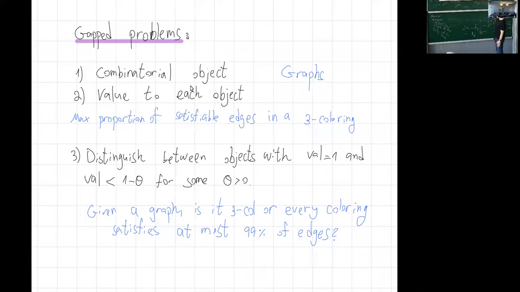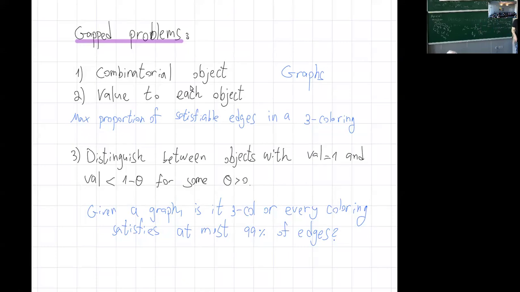For example, the value of a graph will be the maximal proportion of edges which is satisfied by a 3-coloring. Now, every graph, I can color all of it by the same color, and then this specific coloring gives me 0. But potentially, there are other colorings that give me a higher and higher proportion of edges. And the 3-colorable graphs are exactly those with which value?